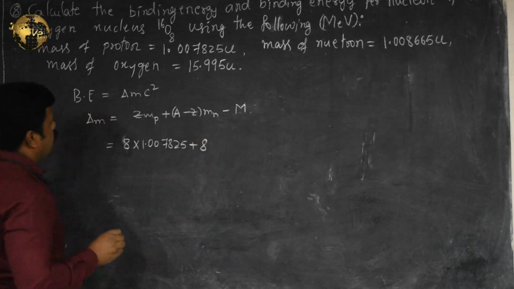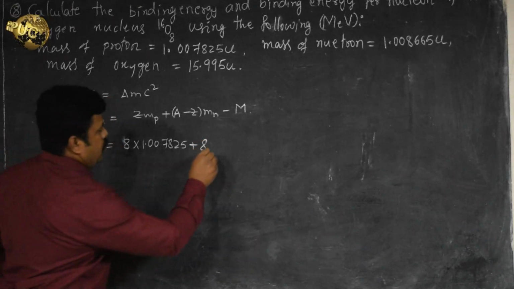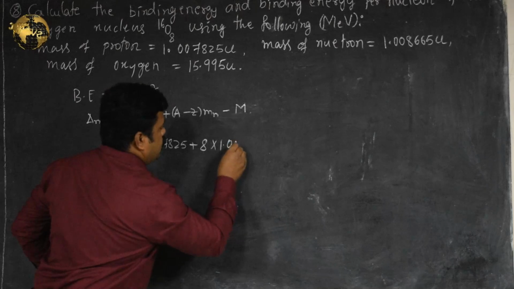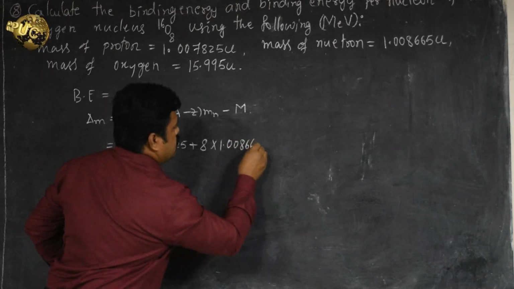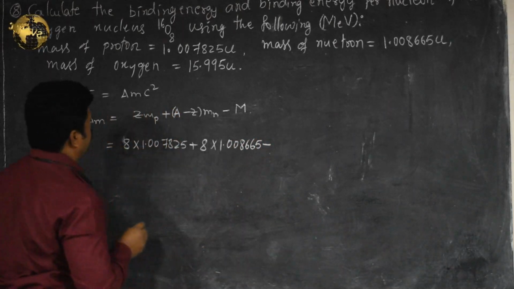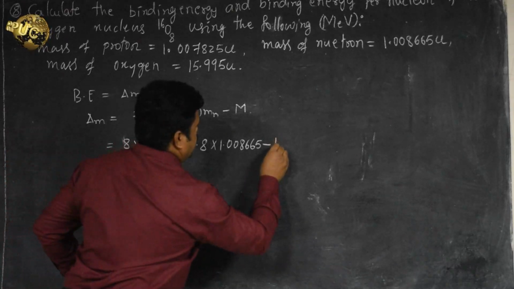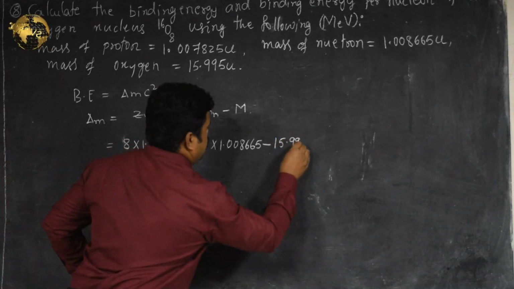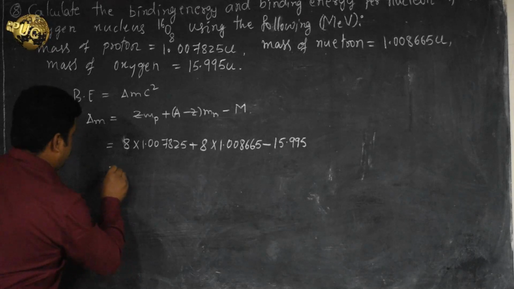So that is 8 multiplied by 1.008665, minus the given mass 15.995. Let's find out this.